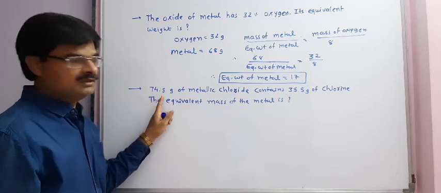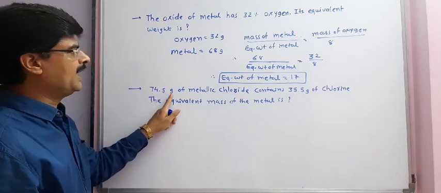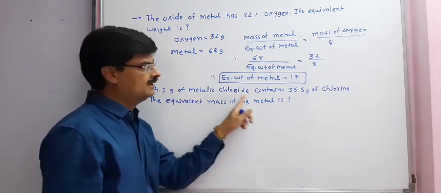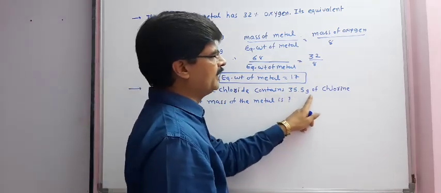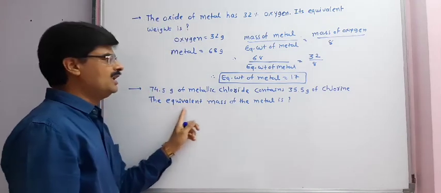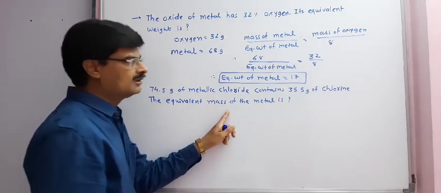Now in another question, 74.5 gram of metallic chloride contains 35.5 gram of chlorine. Equivalent mass of the metal is question mark.